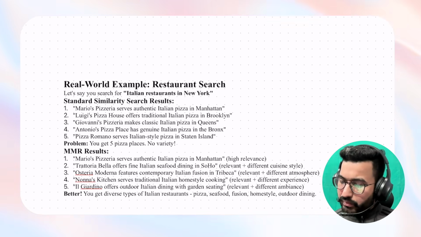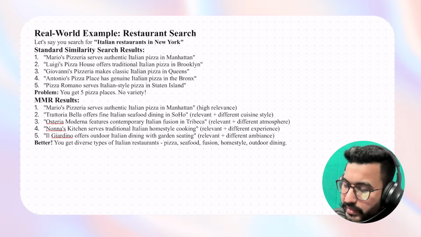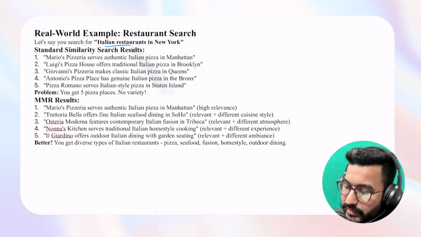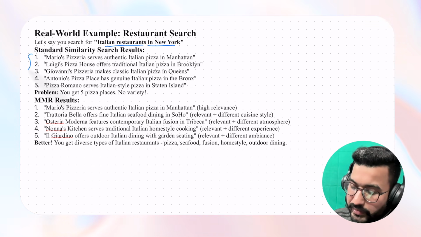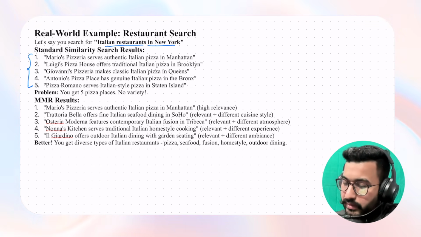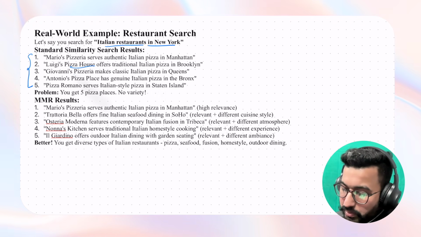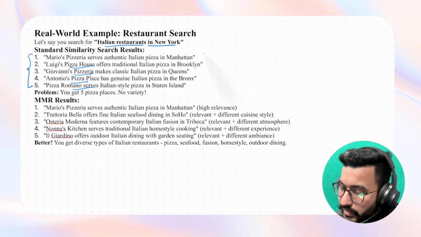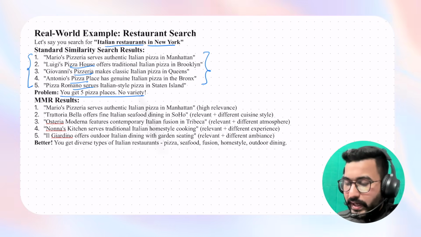I have created one more example over here if you read it. So let's say my search query is Italian restaurant in New York. Now, the standard retrieval process will return you this, Mario Pizza and this pizza house, this one, this one, this one. So you can see the problem is you got 5 pizza places, no variety.